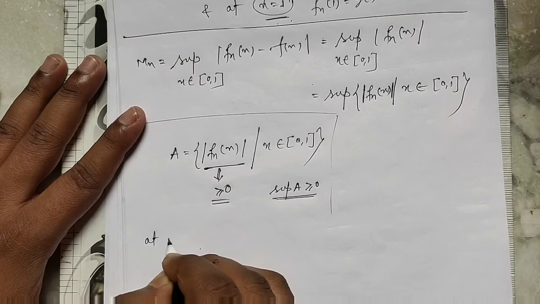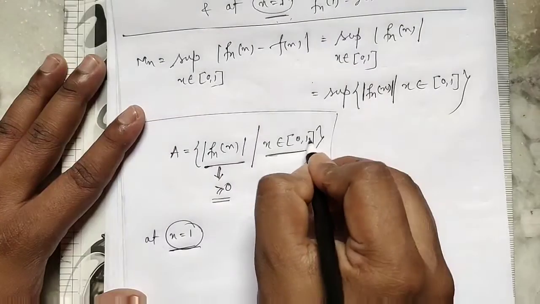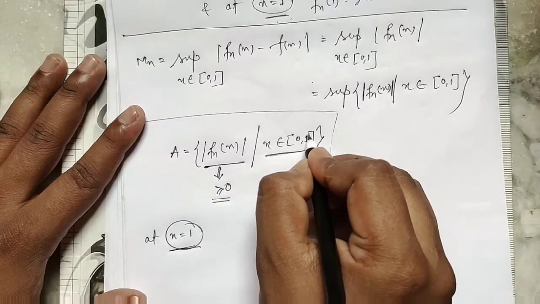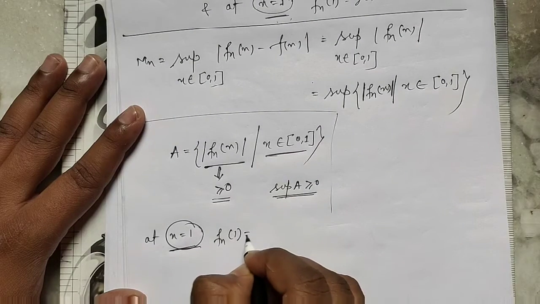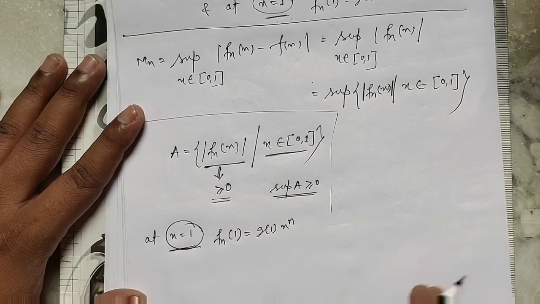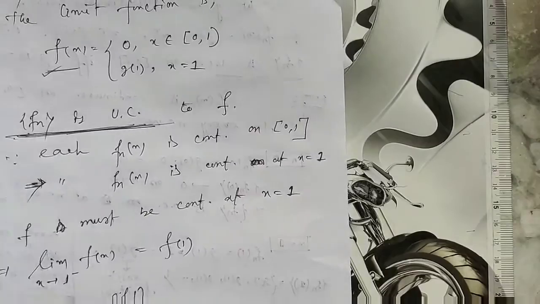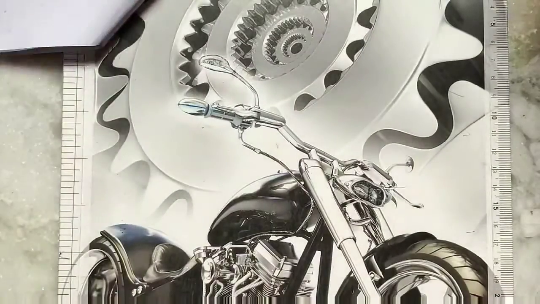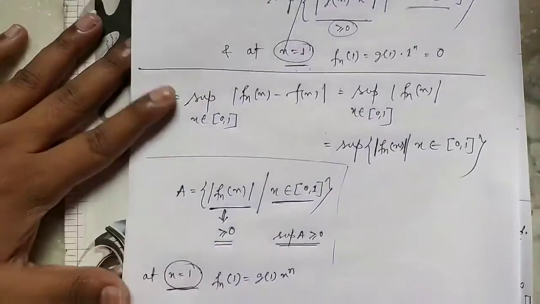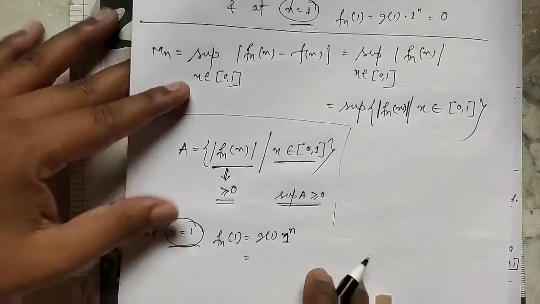And since x runs over 0 1, at x equal to 1, fn 1 is equal to g of 1 into 1 to the power n, because in our problem fn x equal to g x into x to the power n.